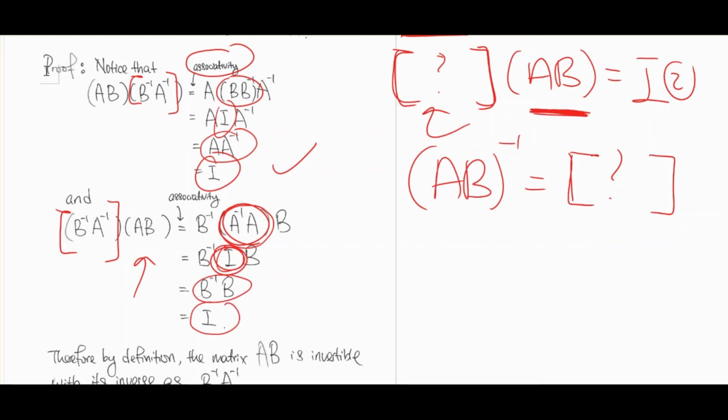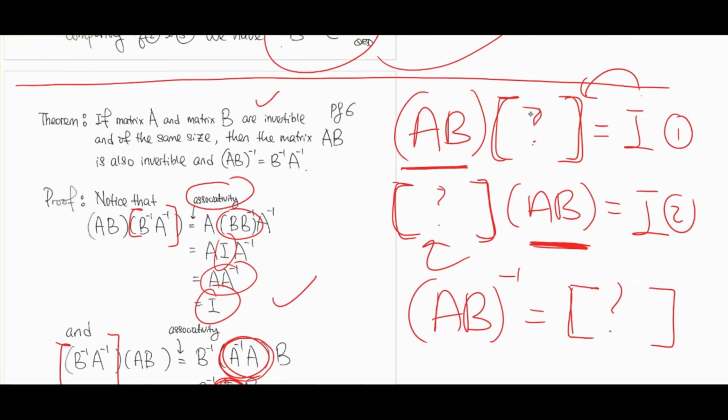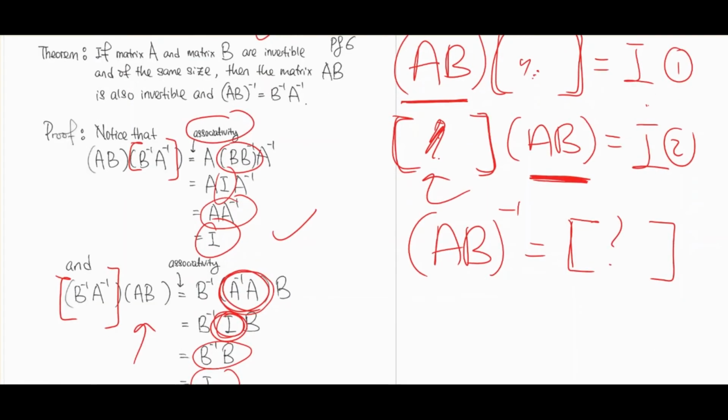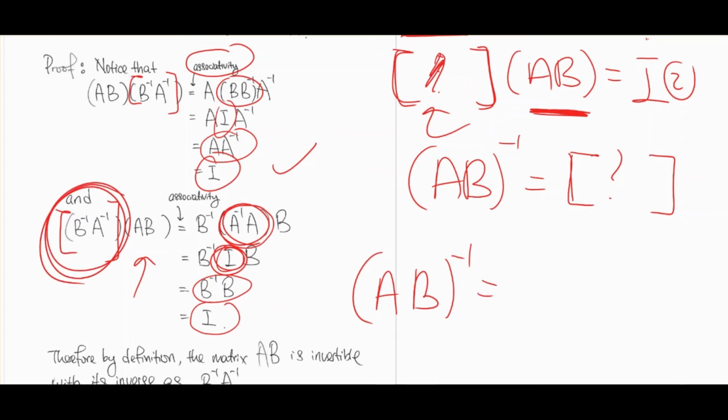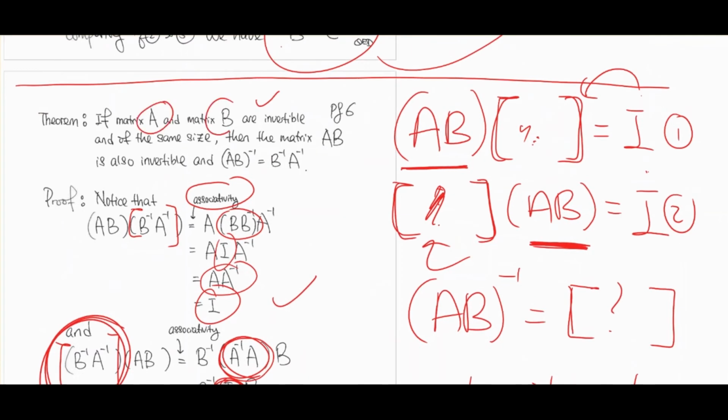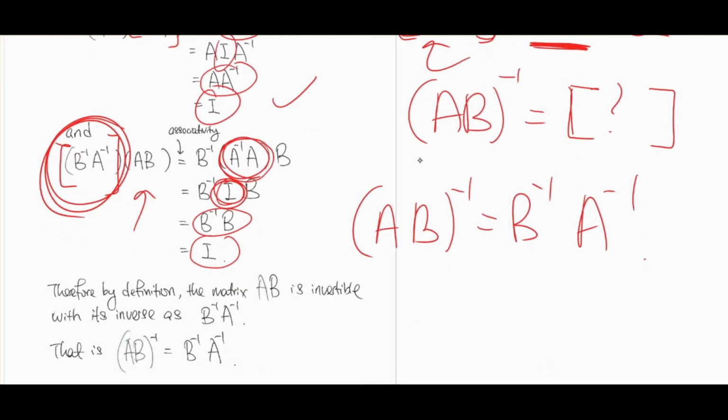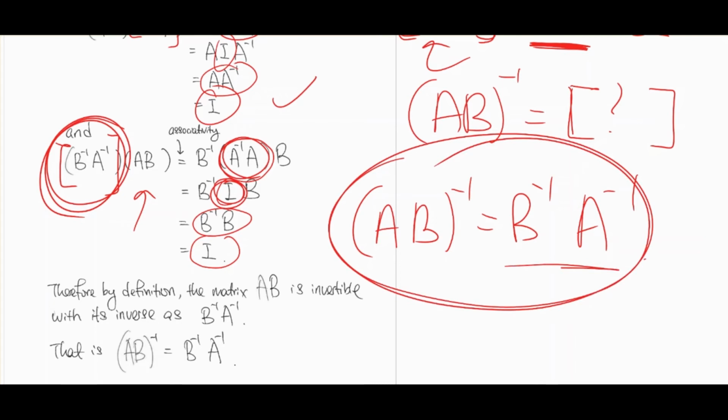So we have found a matrix such that this matrix multiplied with AB equals I, and AB multiplied with this matrix also equals I. So the inverse of this matrix is this thing right here, B inverse and A inverse. So now we know that if A and B are both invertible, their product is also invertible, and we have a formula for the inverse of AB.